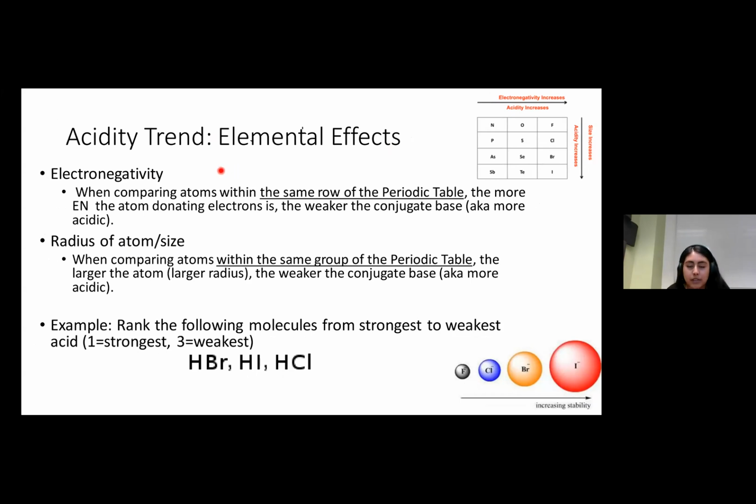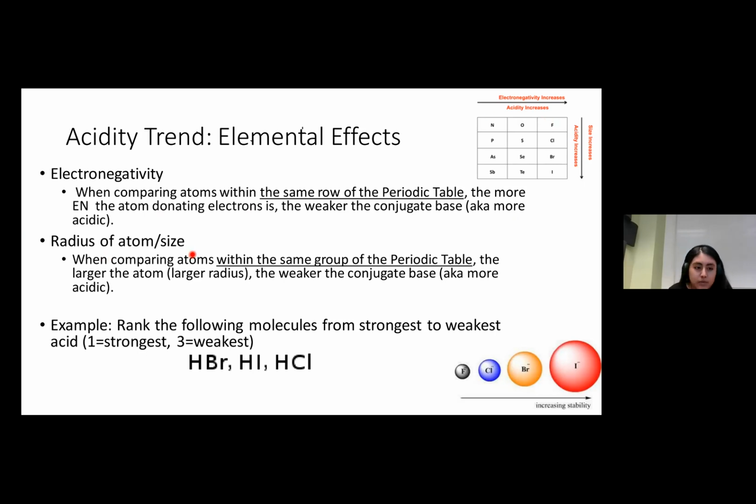When we're comparing acids whose atoms are in the same row, the more electronegative the atom donating those electrons, the weaker the conjugate base, or the more acidic. Essentially, as you go to the right of the periodic table, electronegativity increases, and so does acidity.